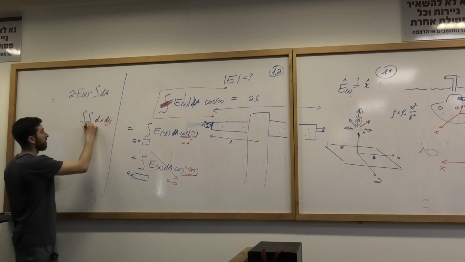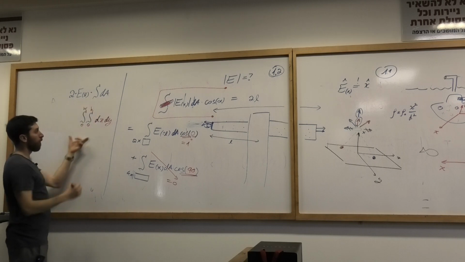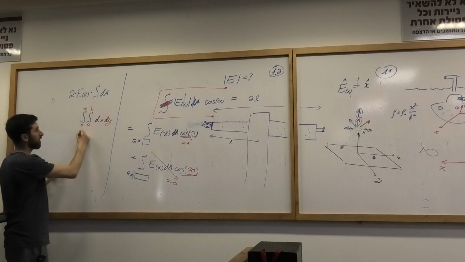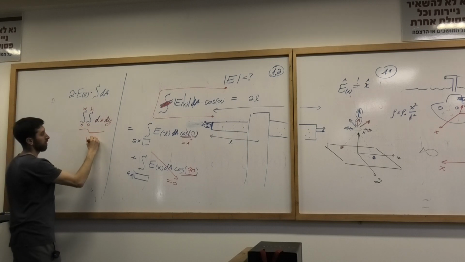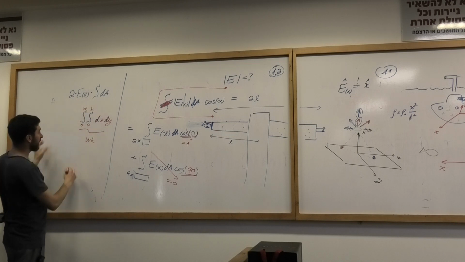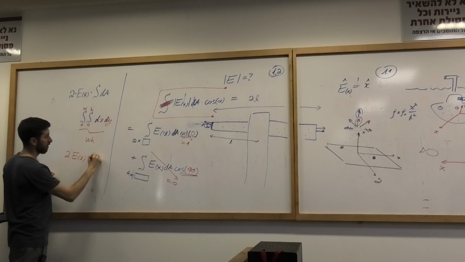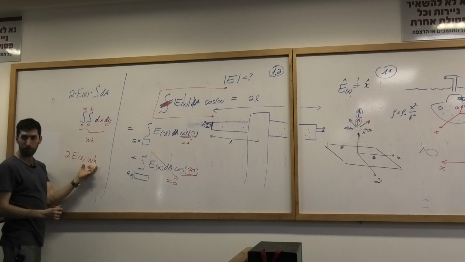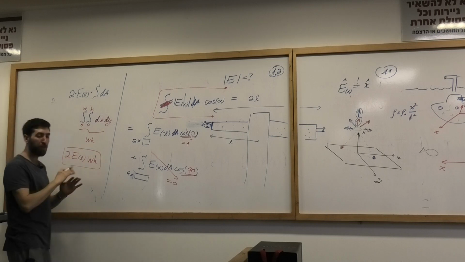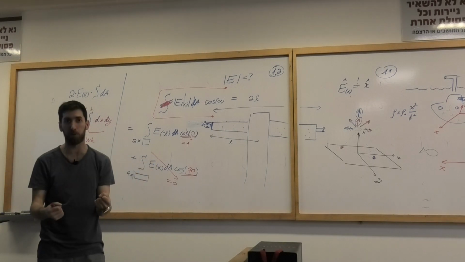Let's say it has some height h and some width w. So this is actually wh, the size of this area. Understood? So in general, this term is eventually E times 2 times wh.